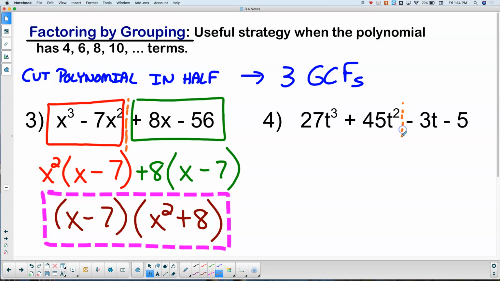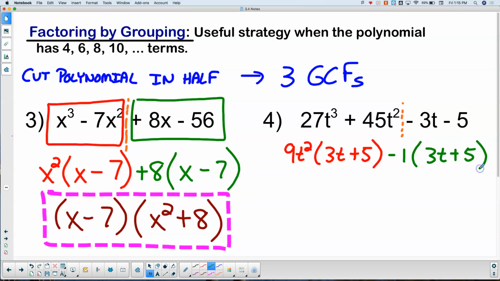Divide it in half. Factor out a 9t squared. Leaves me with 3t plus 5. Factor out a negative 1. Leaves me with 3t plus 5. Factor out a 3t plus 5. Leaves me with 9t squared minus 1. 9t squared minus 1, perfect square minus a perfect square.